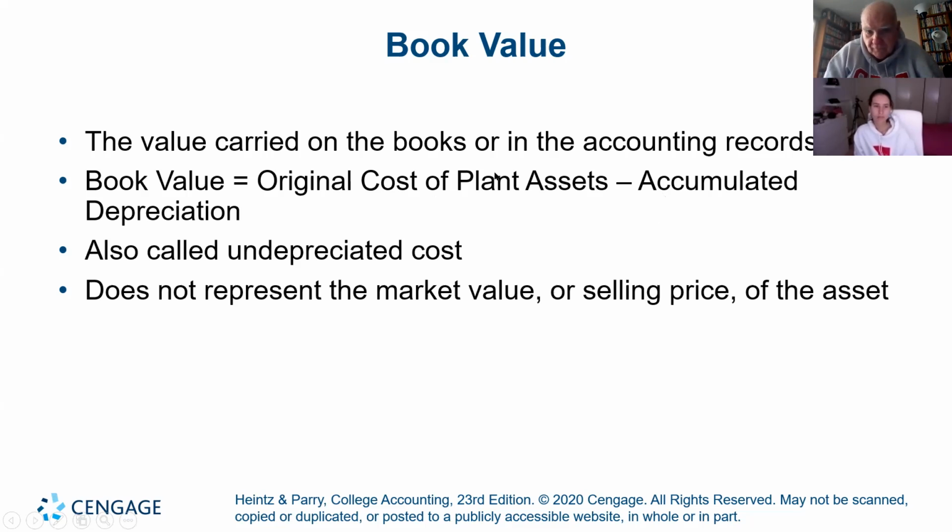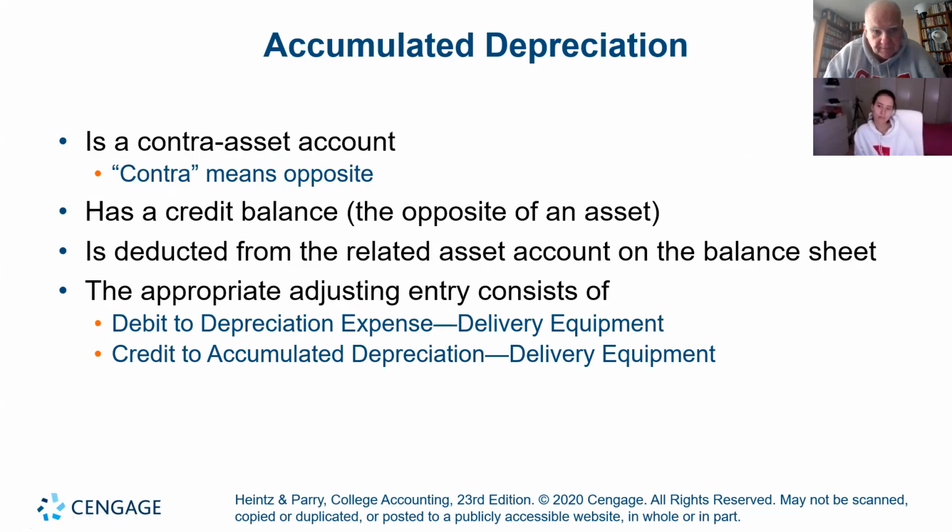So we never credit the original cost. What we credit is the contra account, and what we're reducing is the net book value. Net book value is original cost minus the accumulated depreciation. It has nothing to do with market value or what the item is really worth.